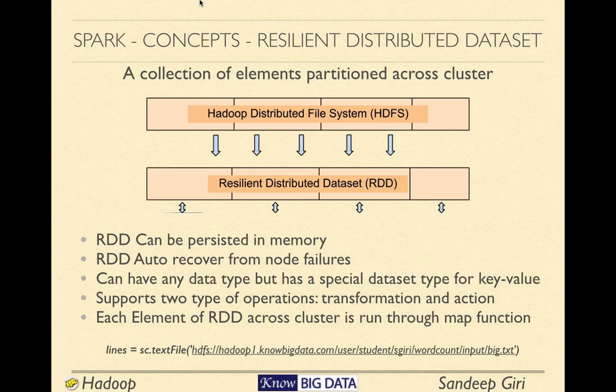Basically, it's a representation, just like an array, of very huge data. So you can think of an RDD as if it's a huge array of elements which is spread across multiple machines, spread across the cluster.